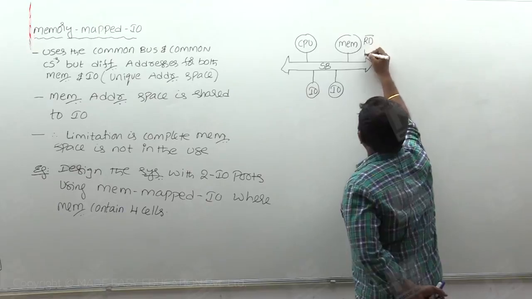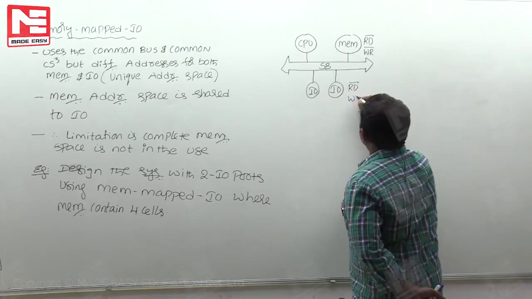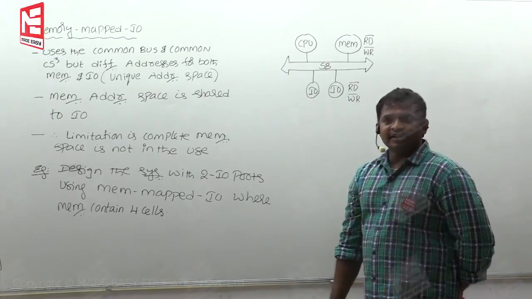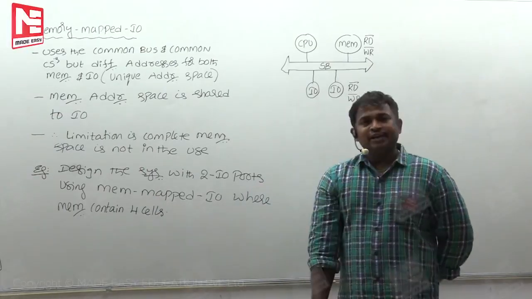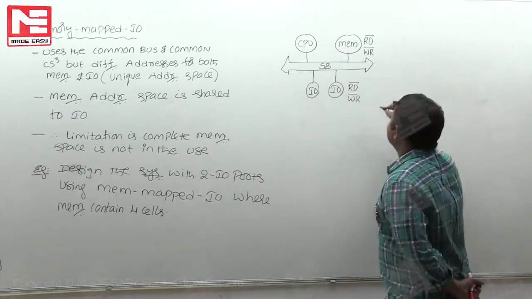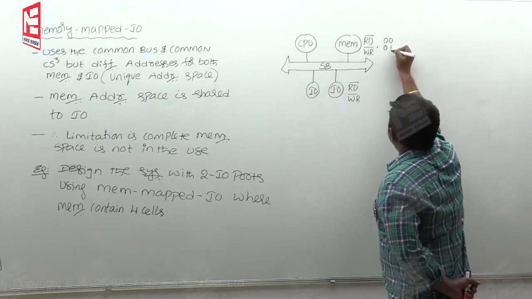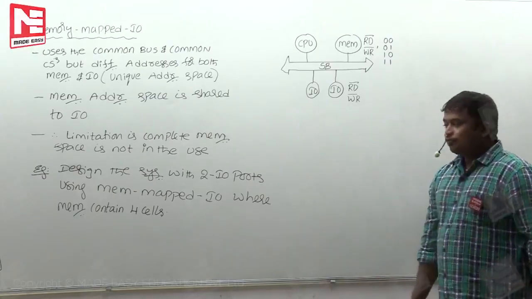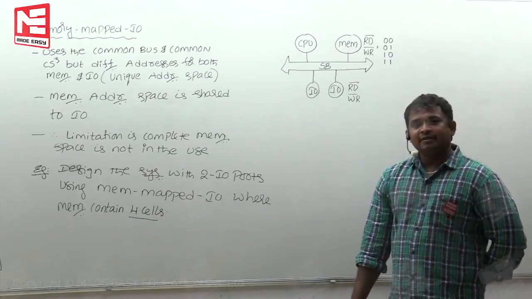Control signals, read signal and write signal, are also common. Bus is common, control signal is common. Because it is a memory mapped IO, we need to separate the addresses. So go to the main memory. 4 cells are given in the statement, so there is a need of a 2-bit address. Therefore, 2-bit address is required. Right?